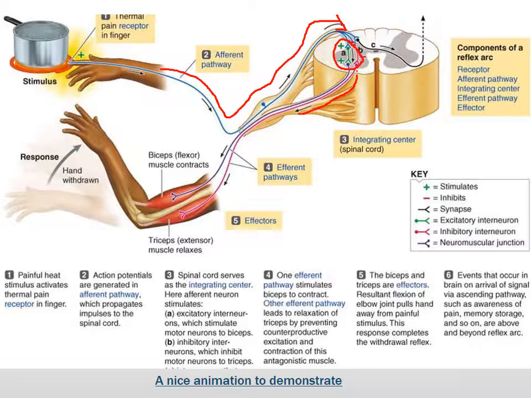So that message will then be sent down through the efferent pathway down to our muscle, and our muscle in this case is the effector, and the effector will then contract. So you contract your biceps so that your muscle contracts, and then you can withdraw your hand, and that's the overall response. Then that message will get sent on to your brain so your brain can process what just happened.